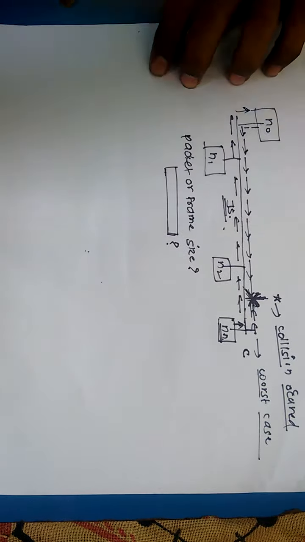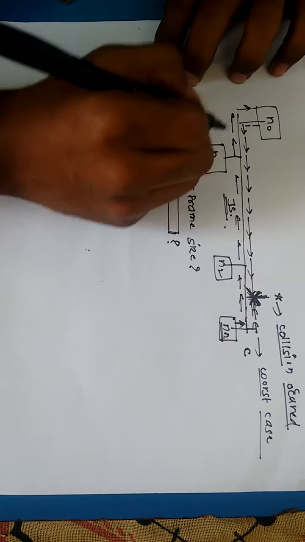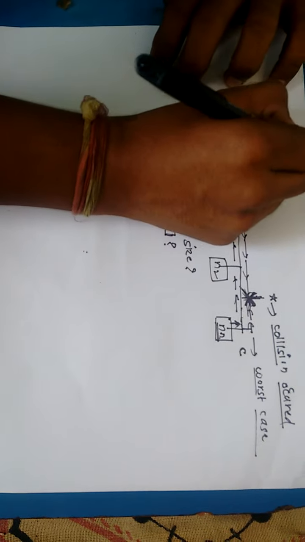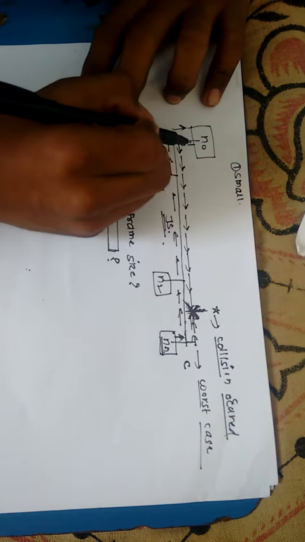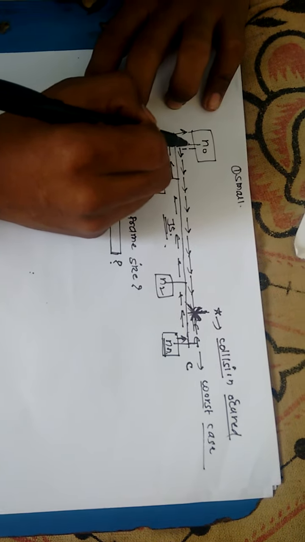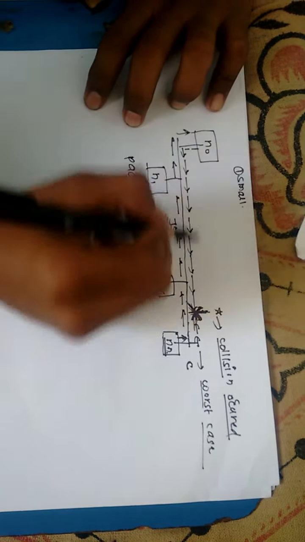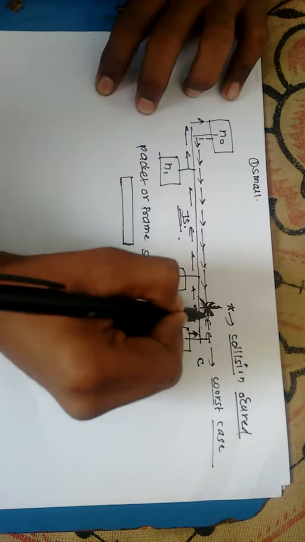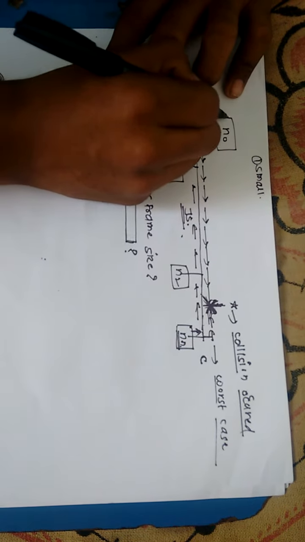For this, let's consider one case when the size of the packet is small. When N0 senses the carrier, it transfers the data, and since the packet size is small, a collision occurs and a jamming signal comes back to this node.